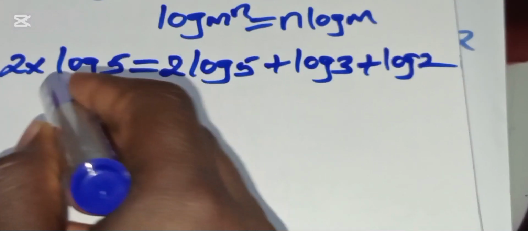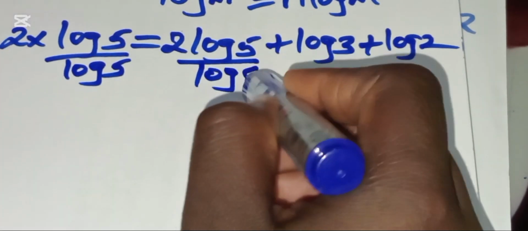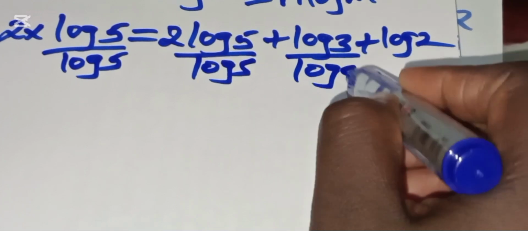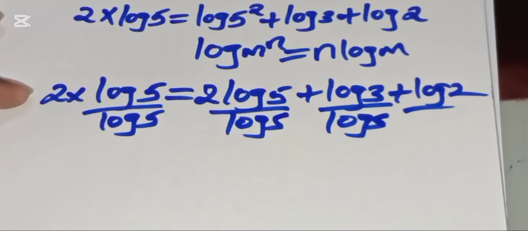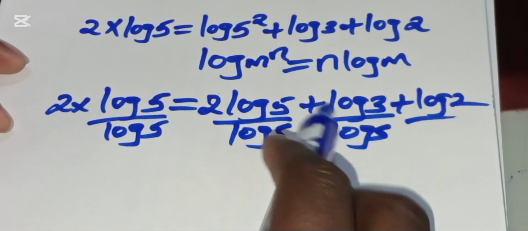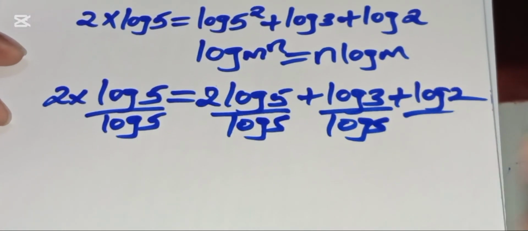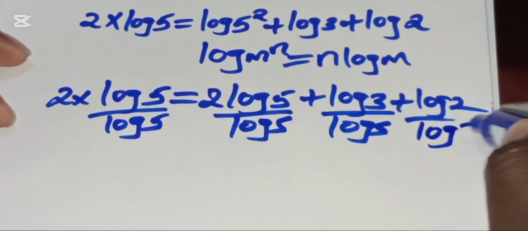So we divide both sides by log 5. You have 2 log 5 plus log 3 plus log 2, everything divided by log 5.